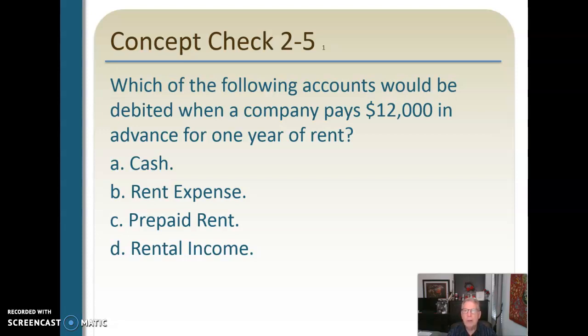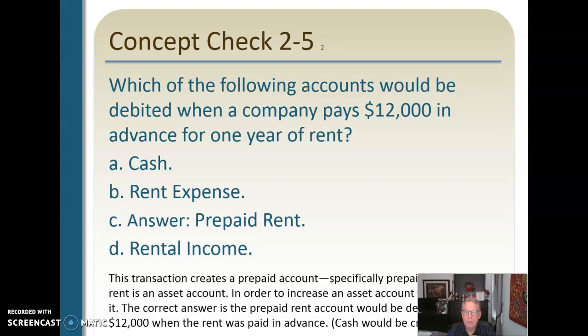In this concept check, which of the following accounts would be debited when a company pays $12,000 in advance for 1 year of rent? So if we're paying it in advance, it's unearned, right? I'm sorry, we're paying it in advance, so it's a prepaid asset. My fault. And here, it's going to be prepaid rent.